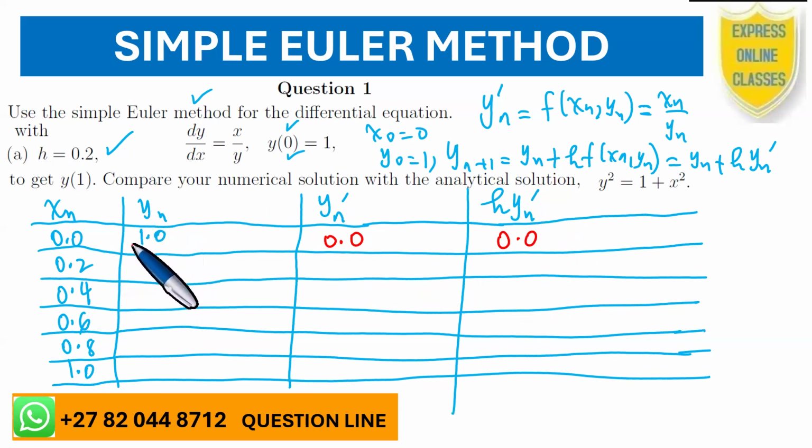If this one is y0, y0 is 1.0. What is y1? According to these, it's going to be y0 plus h times y0 prime. So, just the formula for the y1. Pay particular attention to that one.